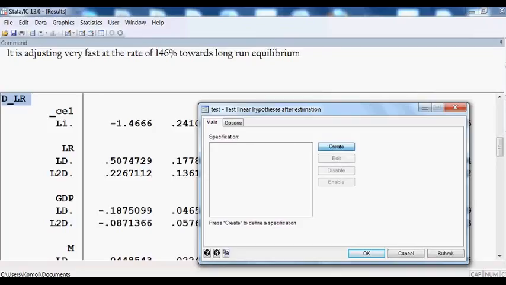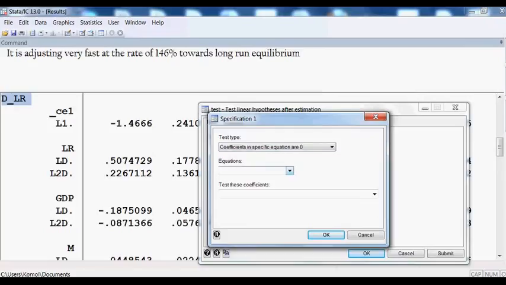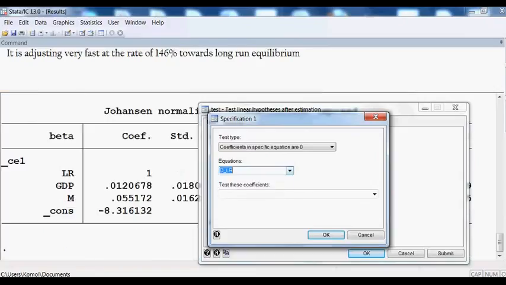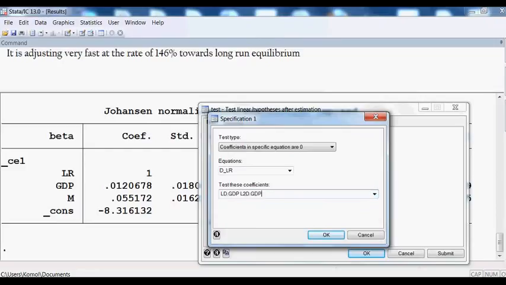I create it, then I put coefficient in specific equation at 0, and I put my dependent variable DLR, and I want to check whether GDP lag 1 and GDP lag 2 jointly can cause DLR or not, right?